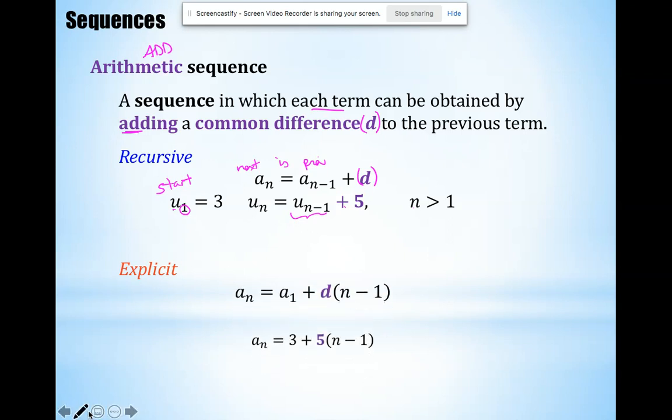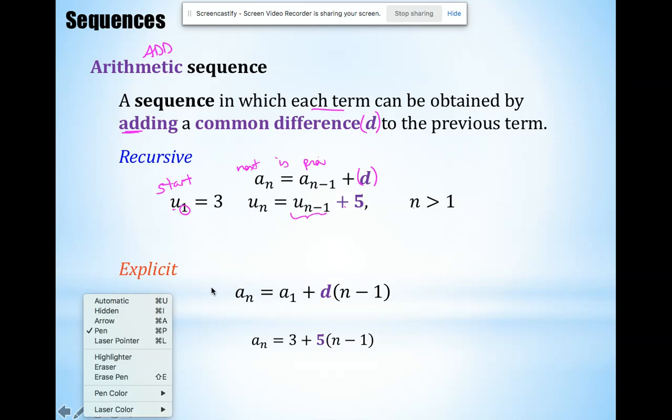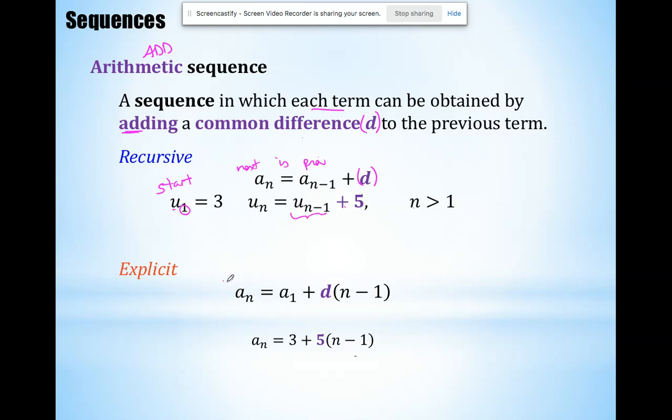But the explicit rule is, I get any term, I still need the first one, plus that common difference times n minus 1.